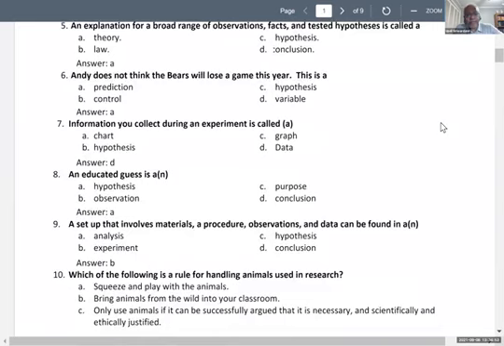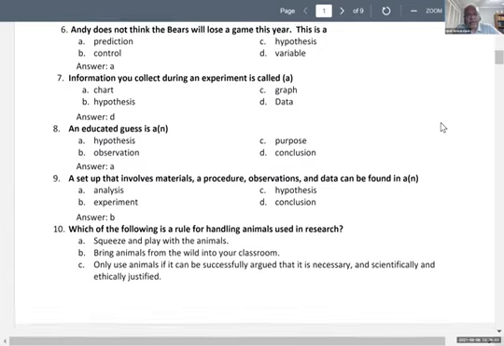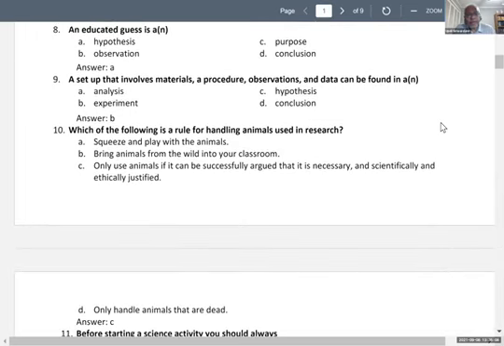Number 7. Information you collect during an experiment is called graph, chart, hypothesis, it is data. And okay, number 9. A setup that involves material, procedures, observation, and data can be found in an experiment.